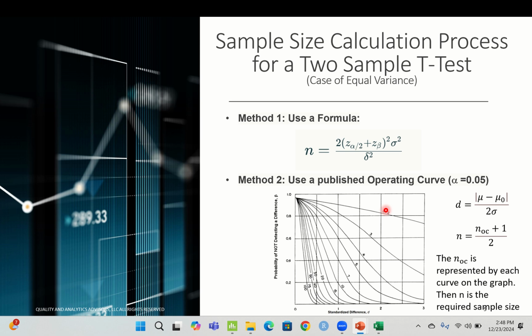You can get the operating curve by going into Google and saying operating curve for a certain alpha level. In this case, we have 5%, and write something like 2 sample t-tests. You will see them immediately. So we're going to show you how to use this.